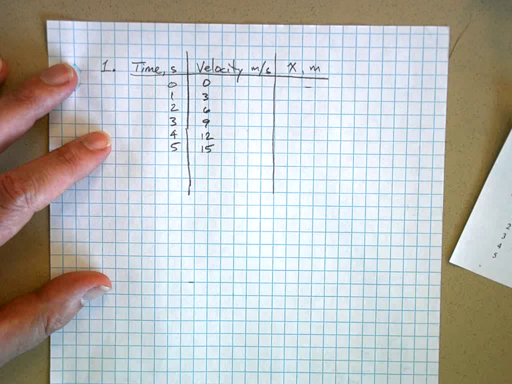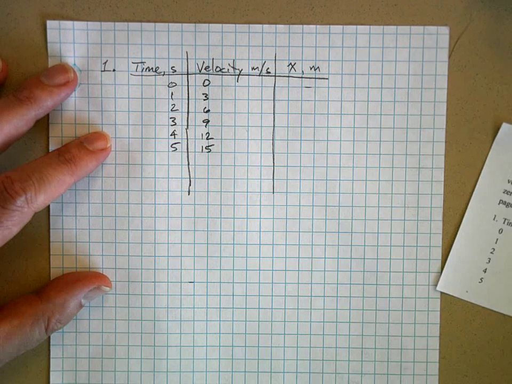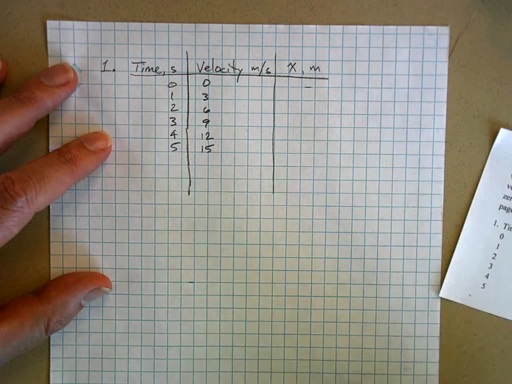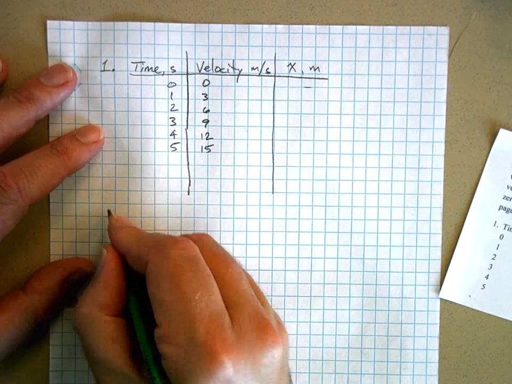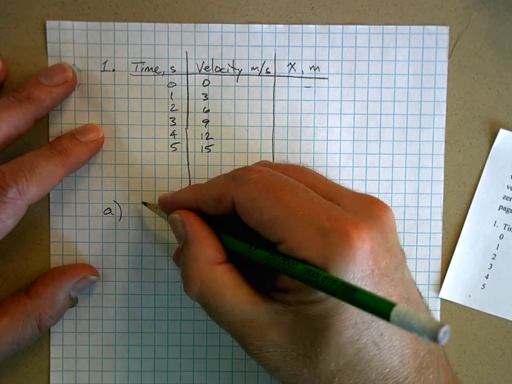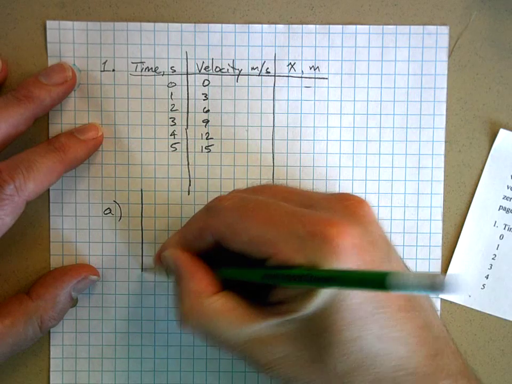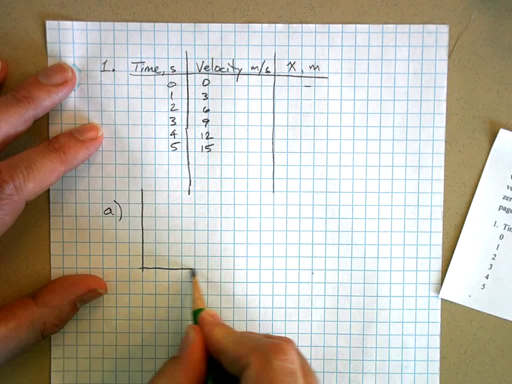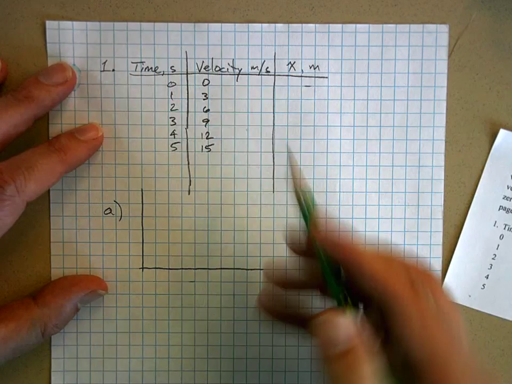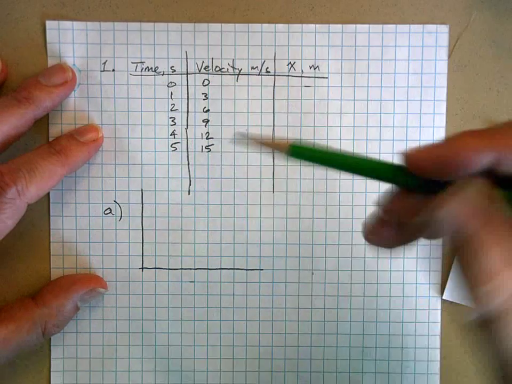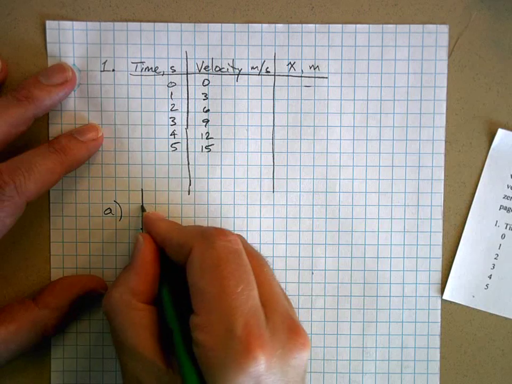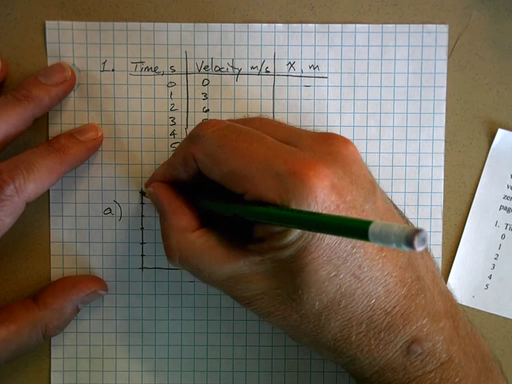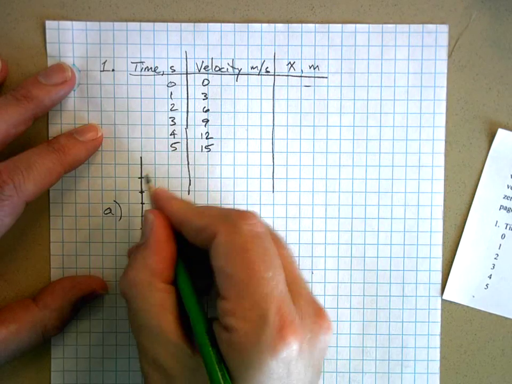So for part A, it says graph this. So let's do that. Now this graph can be fairly small. So we're going to go from 0 to 15. So I'll just go 2, 4, 6, 8, 10, 12, 14, 16.